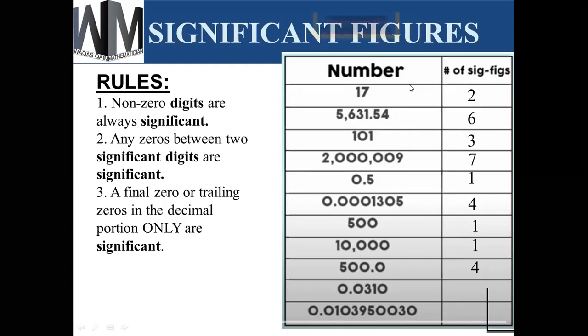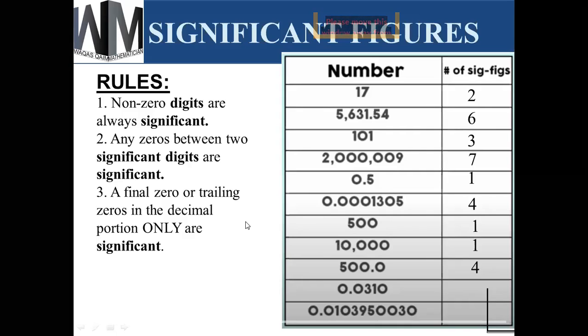So what I'm saying about decimal numbers, numbers in which we have a decimal point, is that if a zero is written before a non-zero number, it will not be counted as significant.